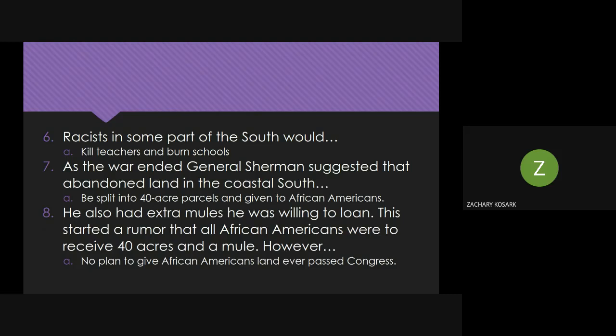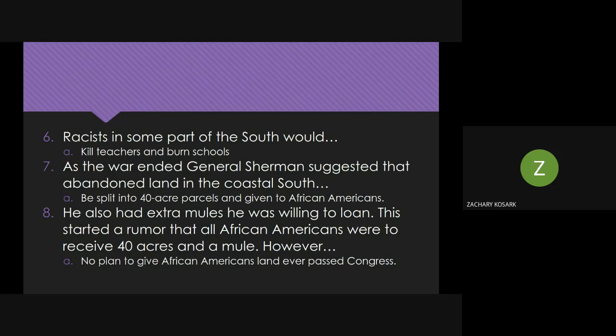As the war ends, some people try to map out a plan that would be a successful model of what we could do for African Americans once they were not enslaved any longer. General Sherman, the guy that marched from Atlanta to the sea, burning everything, Sherman's March, said that most of the land that was abandoned in the coastal area of the South, because a lot of the plantations had gone under, could be split up into 40-acre plots of land and given to African Americans.